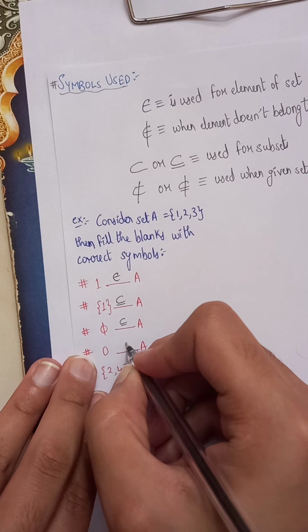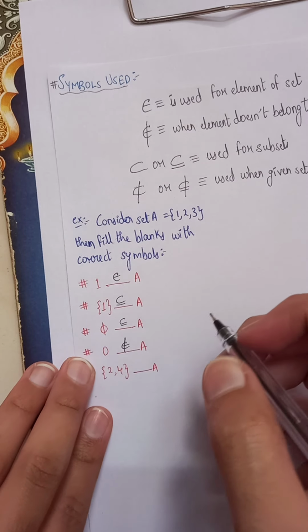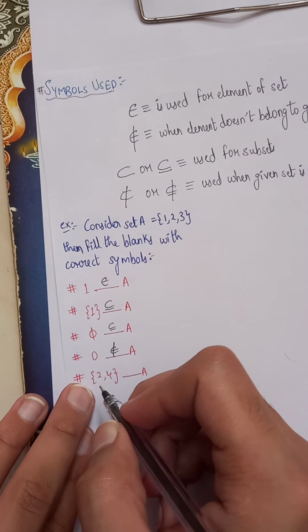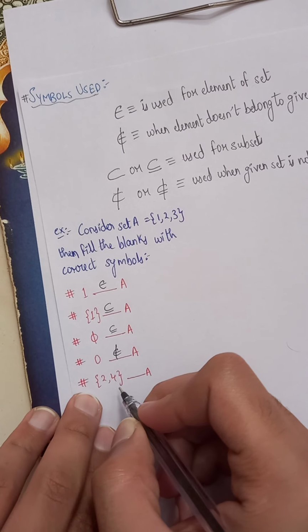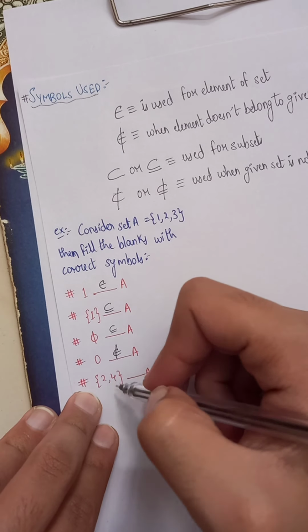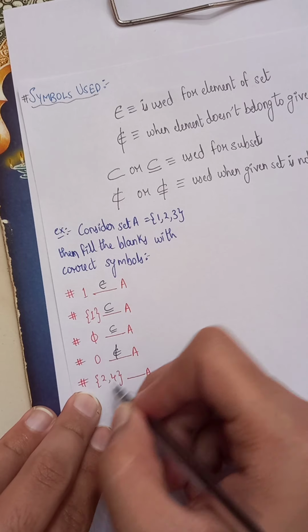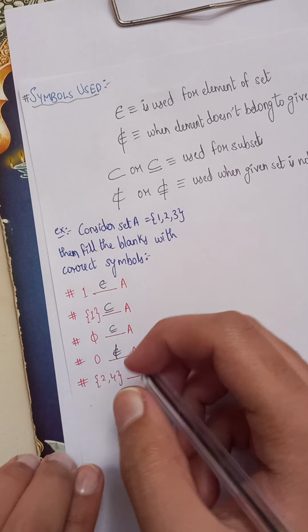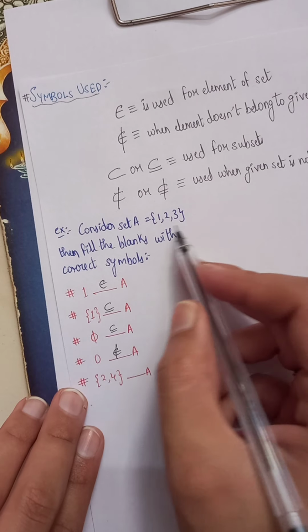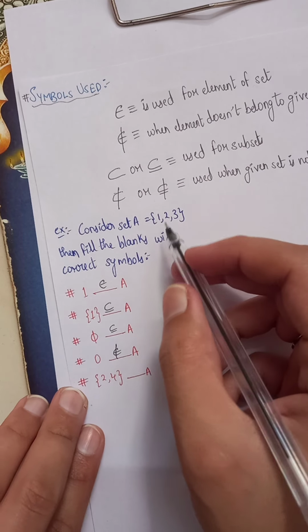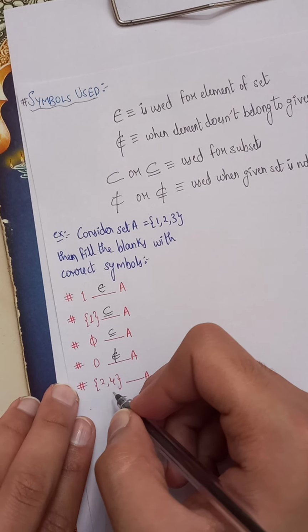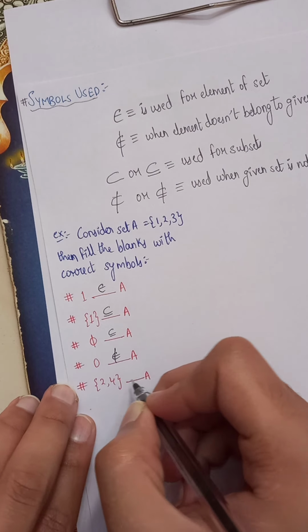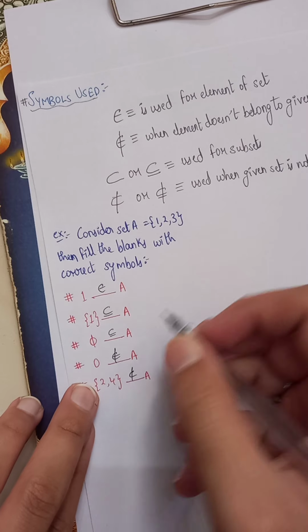No, so it does not belong to set A. Then 2, 4: first of all, there is no element 4, and you can't form a subset with these elements, since there is only 1, 2, 3. If the question was written like 2, 3, then it is a subset. Since it's written 2, 4, it's not a subset.